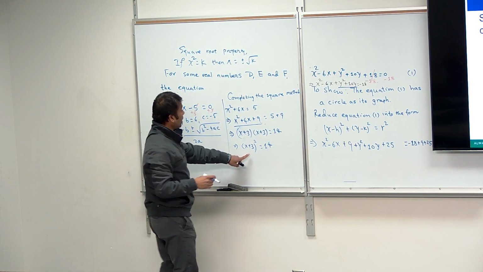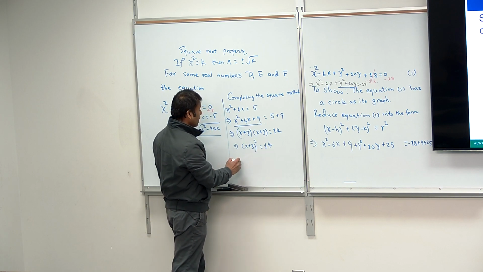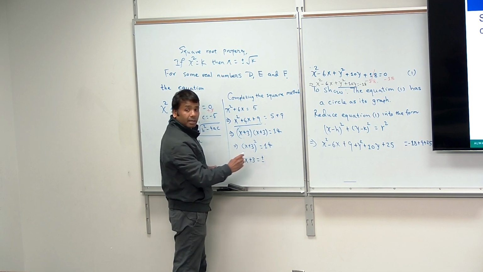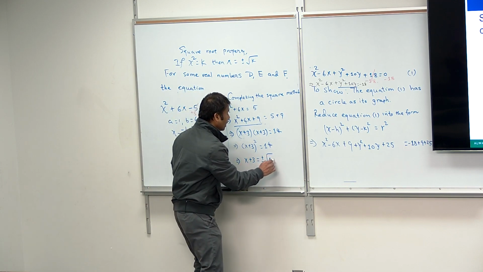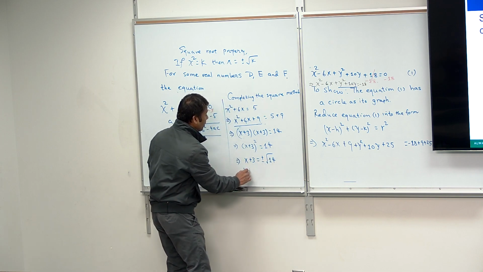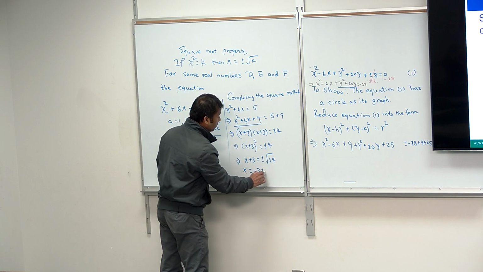Now you use the square root property. If x plus 3 squared equals 14, so what will x plus 3 be? Plus or minus radical 14. And now the value of x, you move this to the right side, is negative 3 plus or minus radical 14.